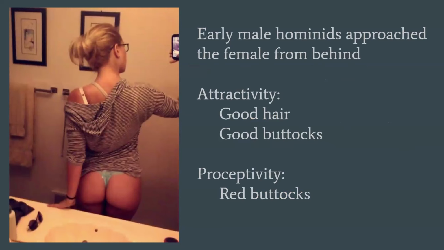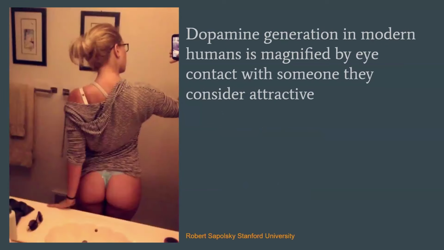Always approach the female from behind. So what is the male looking for? Approaching the female from behind, he's looking for things that are good indicators, like good hair and good buttocks and so on. And receptivity at that time might have included her buttocks being red and saying, yes, I'm ready. But that's a problem because that doesn't really promote bonding.